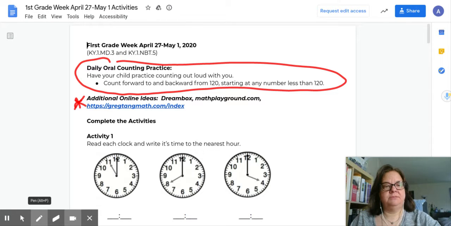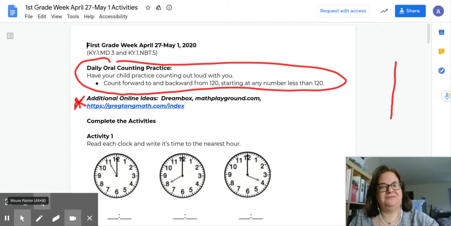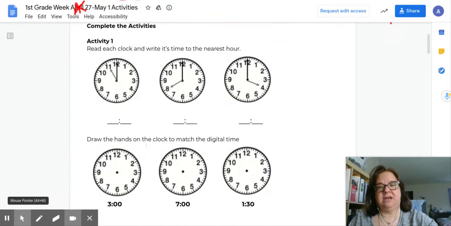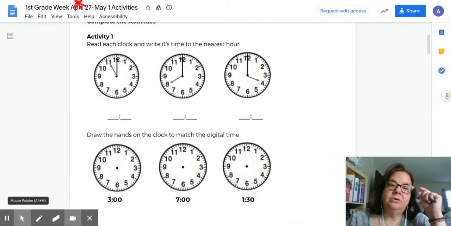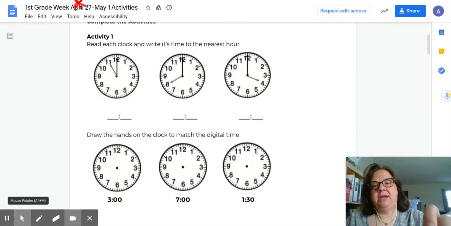So this week we are learning to tell time. We have done this very little this year, not very much at all. So all we're learning to do is tell time to the hour and tell time to the half hour, or the 30 minutes. The longer hand is always the minute hand.